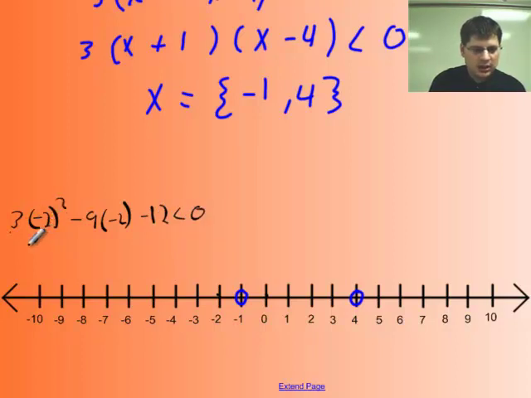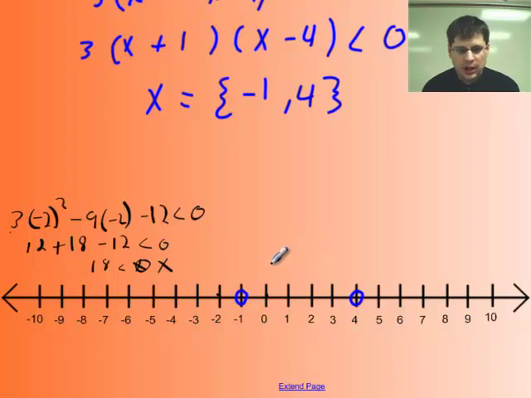And this is going to give me 3 times 4, that'll be 12, plus 18 minus 12 is less than 0, and 18 is less than 0, but that's not true. So this is not going to be part of the solution region.